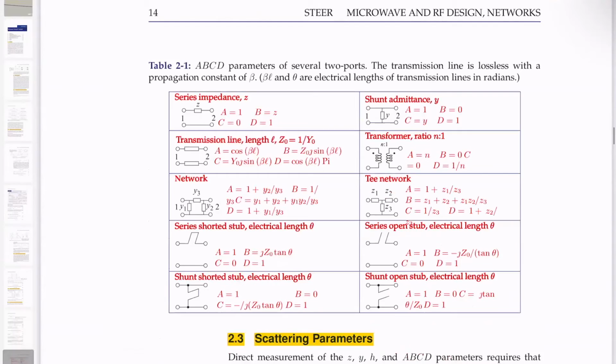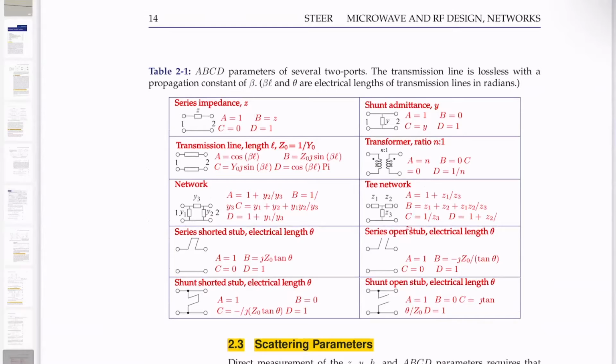At the top, it says beta times length and theta are electrical lengths of transmission lines in radians. Is theta just the length of the stub?